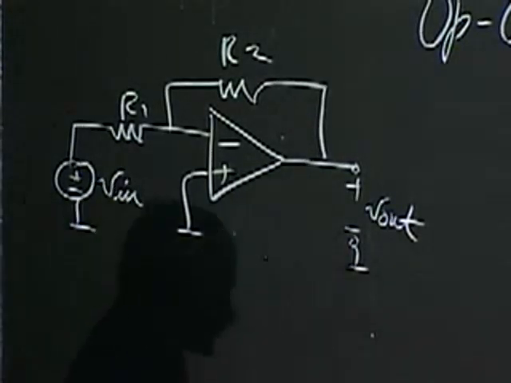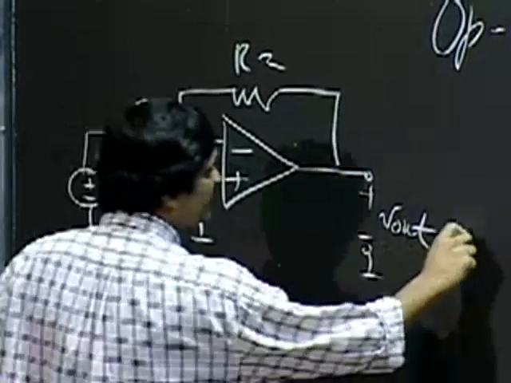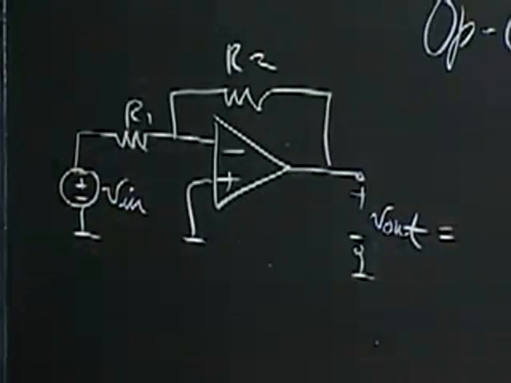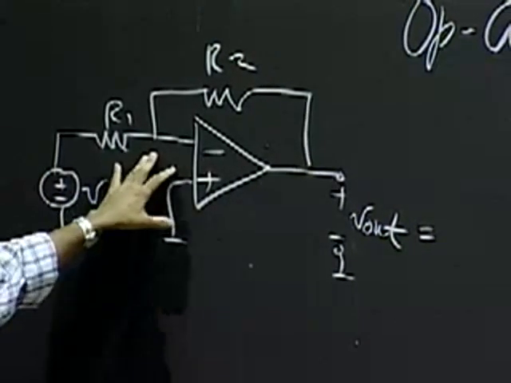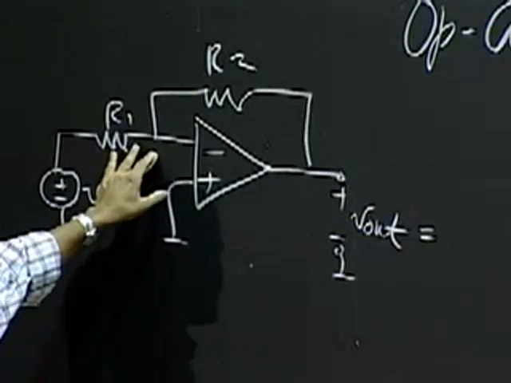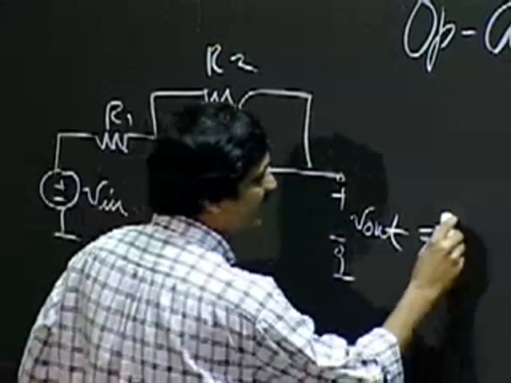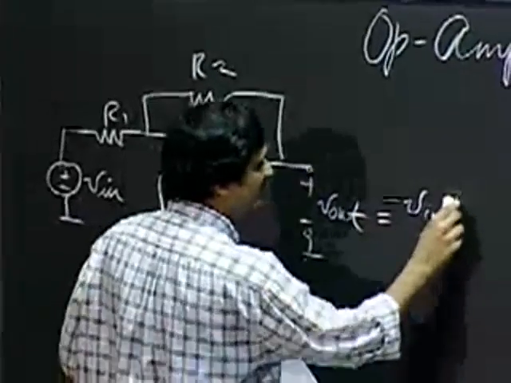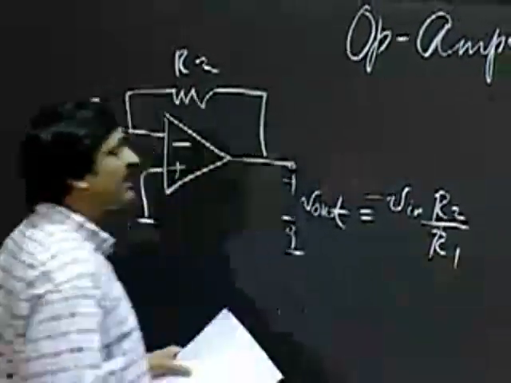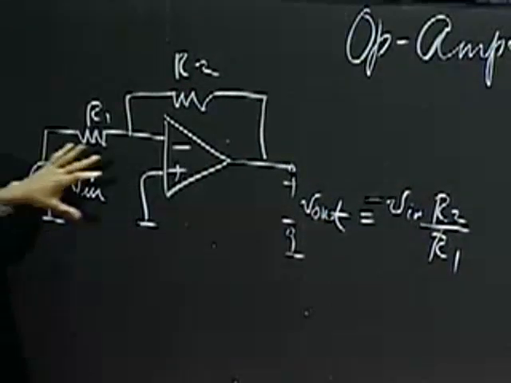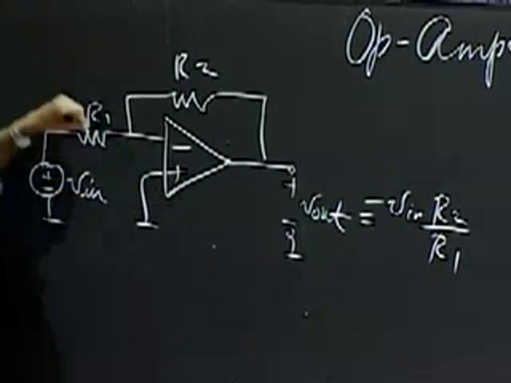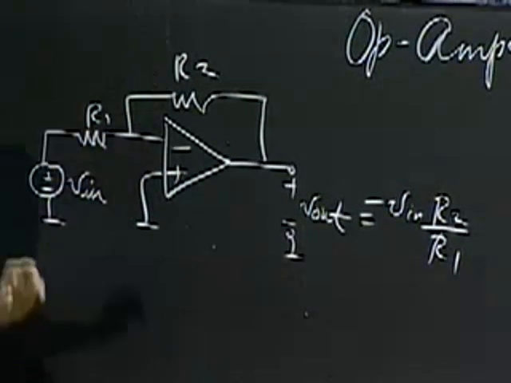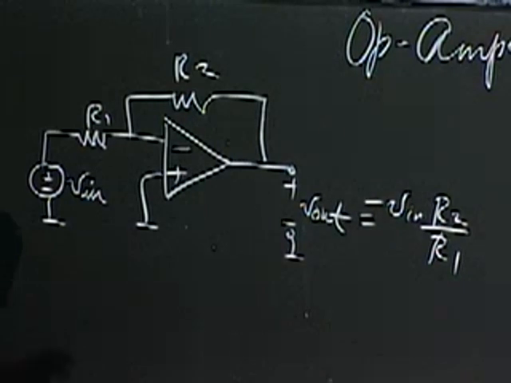And I apply a Vn. So by now, you should be able to look at this pattern. And this is your inverting amplifier pattern. So you should be able to write down by inspection, this is simply minus Vn times R2 divided by R1. Okay? So this is an amplifier whose gain is controlled by the ratio of R2 and R1.